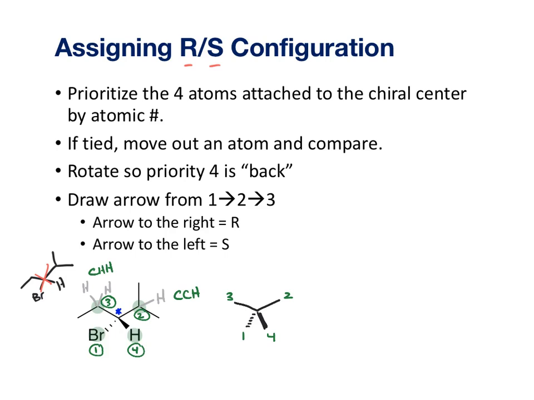Now, in order to get 4 to the back, you could flip this over. That's one method. Or you could hold one group constant and rotate the other 3. Either way, you'll get the same answer. So here, I'm just going to hold 2 in place, and then I'm going to rotate the other 3 atoms. So I'll rotate 4 to here, 1 to here, 3 to here. And we do that rotation.